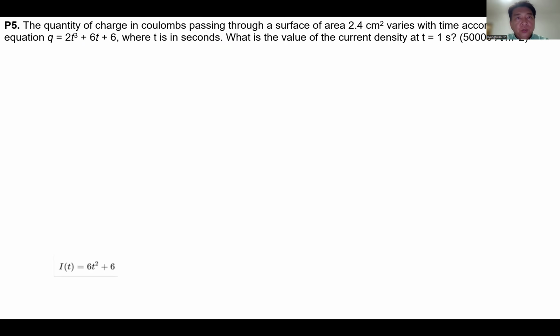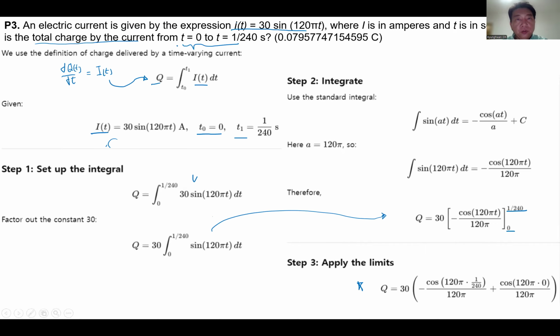Okay, so the quantity of charge in coulombs passing through a surface area of 2.4 square centimeters varies with the time, such that right now Q(t) is given. Note the previous case, I(t) was given.